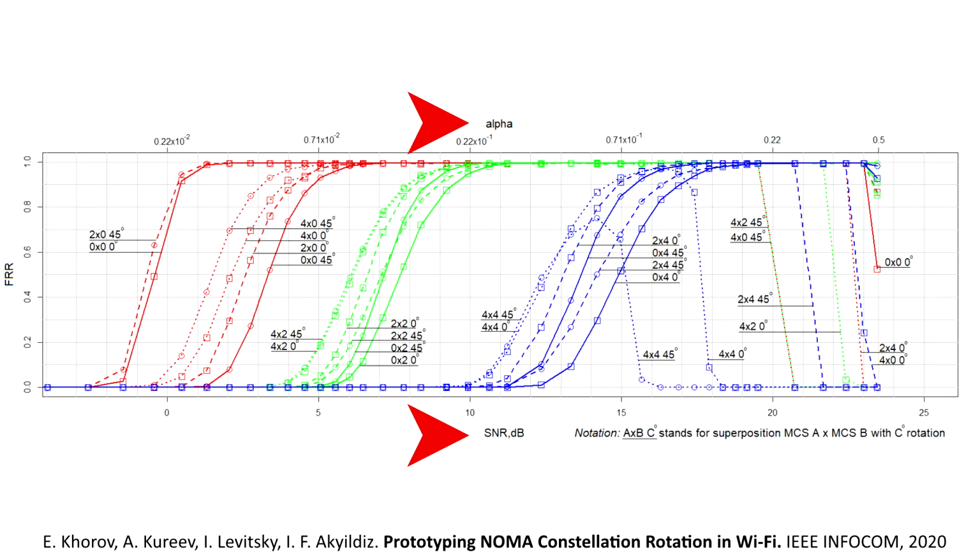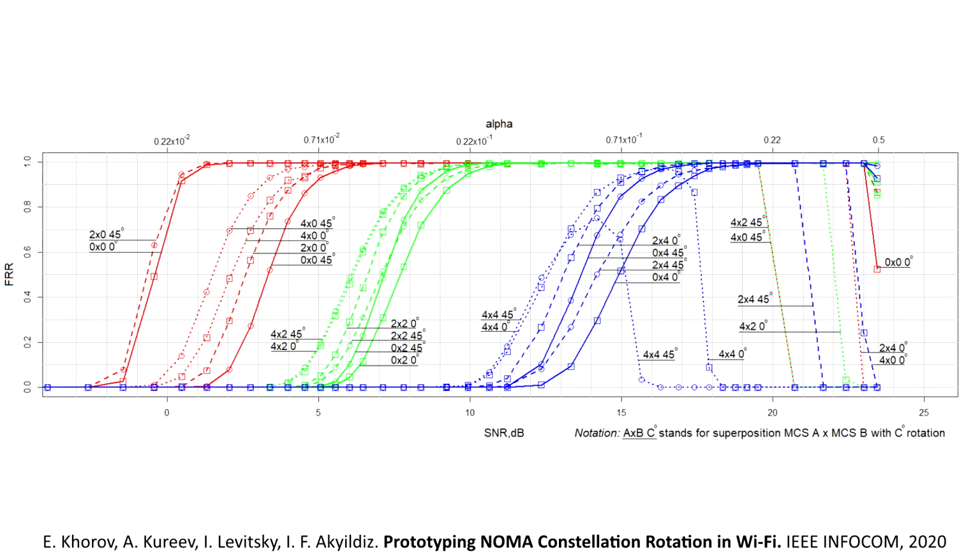Alpha can span from 0 to 0.5, and the SNR changes accordingly. So the curves here indicate the frame-receive ratio versus SNR dependency, and their parameters are modulation for primary and secondary signals, as well as the angle of rotation, 0 or 45 degrees.